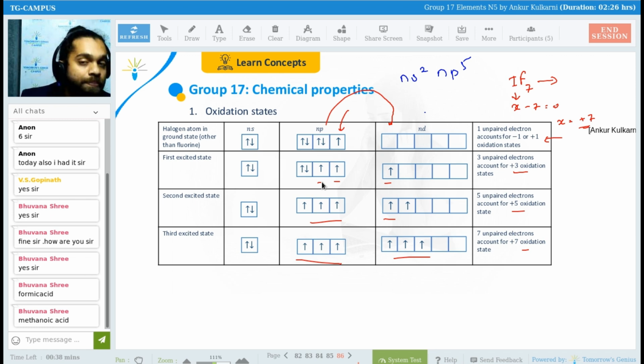So it can go up to +7. Come on, write it down. Possible oxidation states: -1, +1, +3, +5, +7.